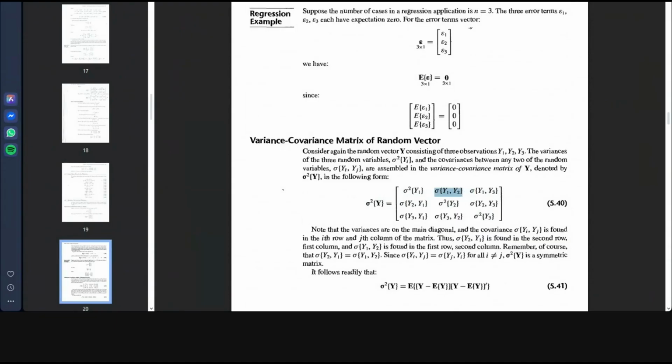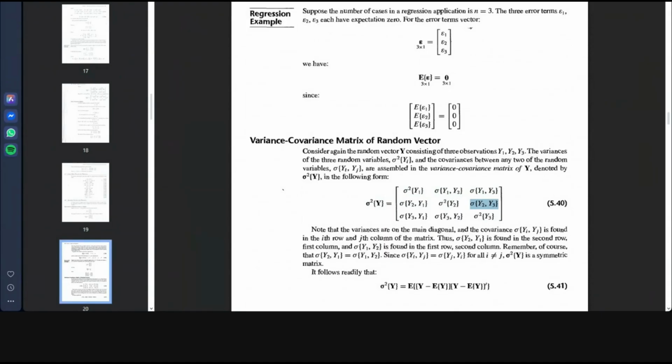The off diagonals give you the covariances between the random variables, like y1 and y2, and y1 and y3. This is the 1,3 position, this is the 1,2 position, this is the 2,3 position. So the off diagonals give you the covariance structure, while the diagonal terms give you the variance structure of all your random variables. This is very important to note, and this is new.